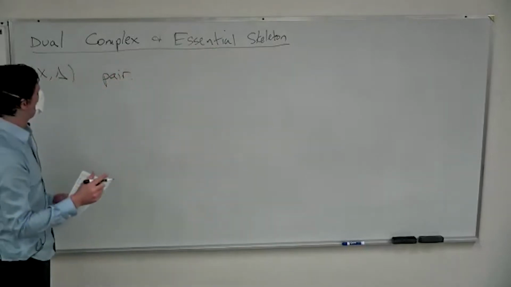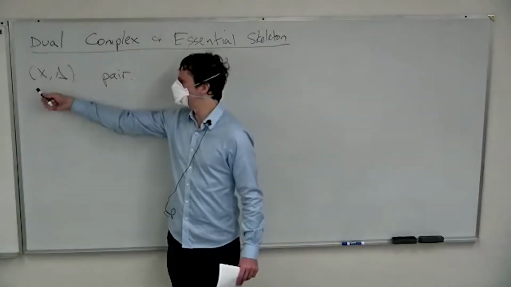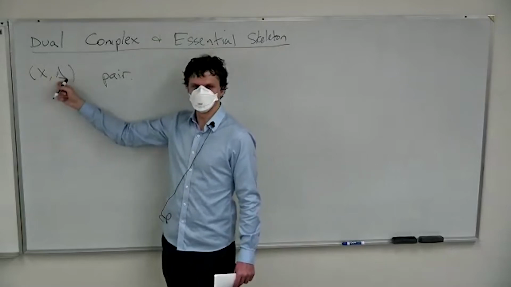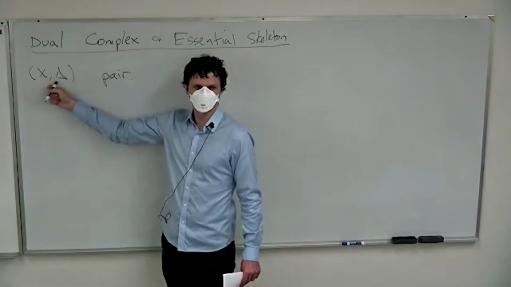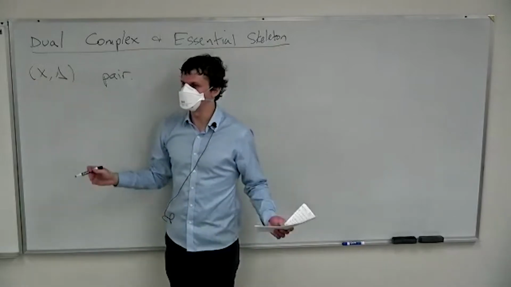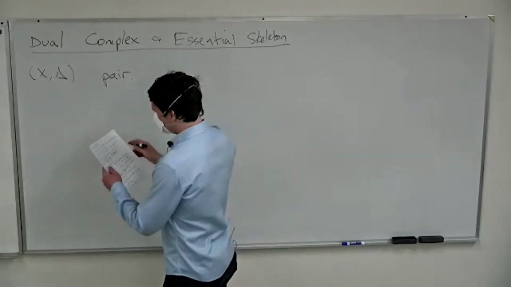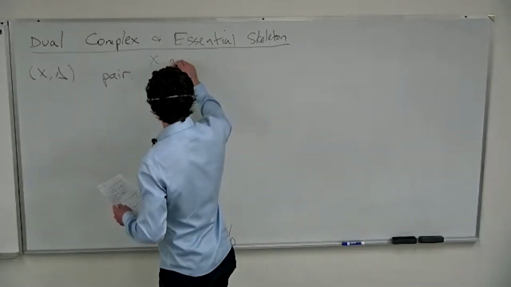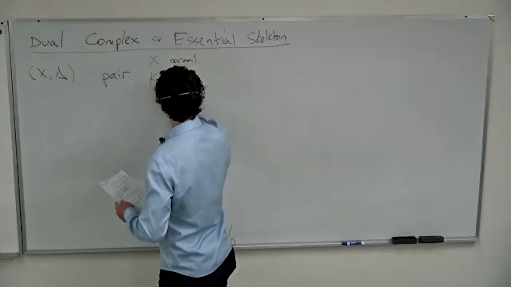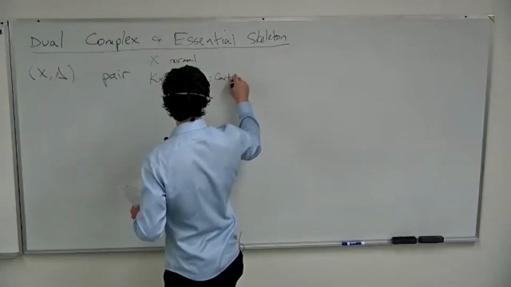In general, X is projective, and you want to think of this as some space, and Delta is the boundary, and so the complement of Delta in X is some open set that we're particularly interested in. But just for the moment, let's say that X is normal, and I want K_X plus Delta Q-Cartier.